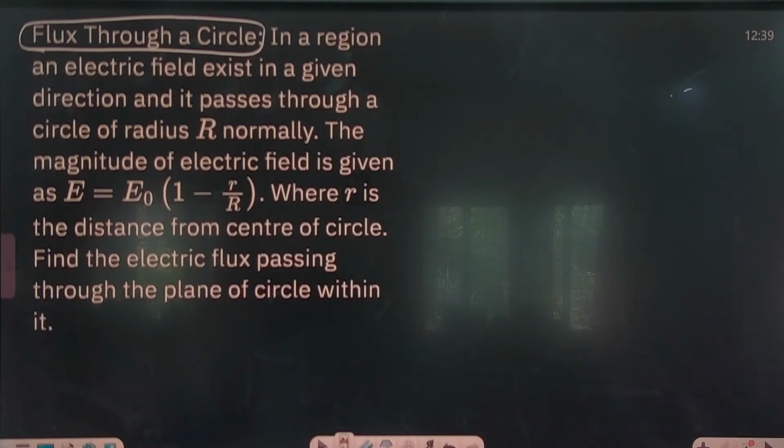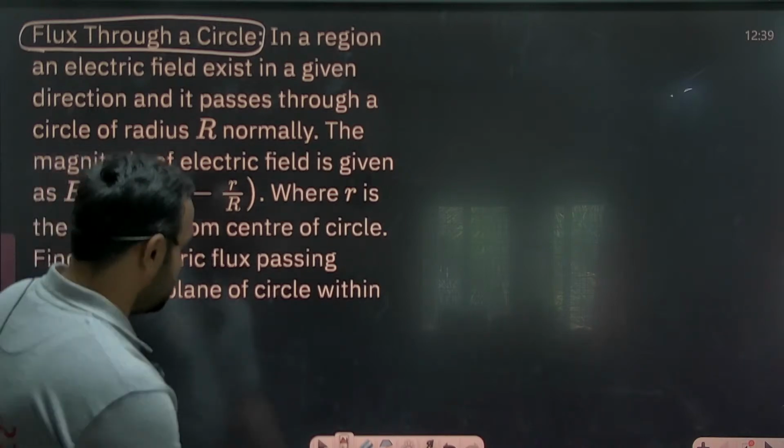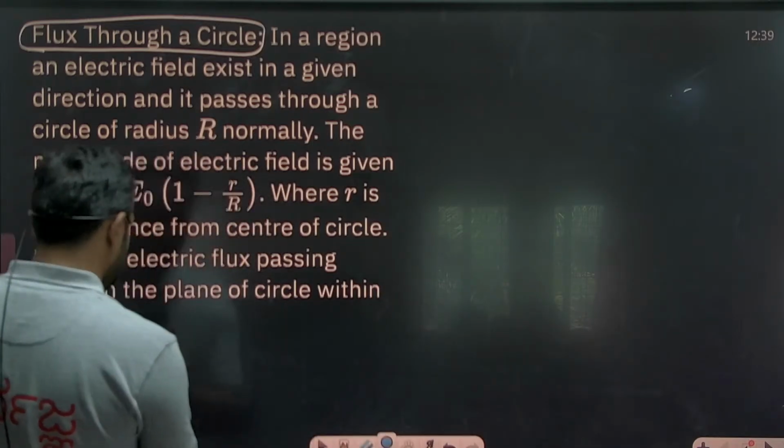So is it a uniform electric field or non-uniform electric field? Non-uniform electric field. How is it varying? If I take a circle like this, we'll do the front view first.